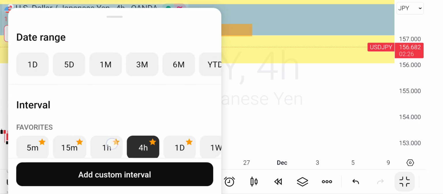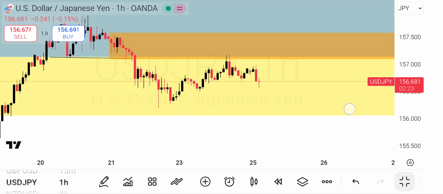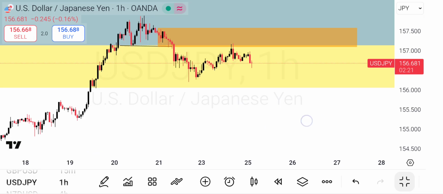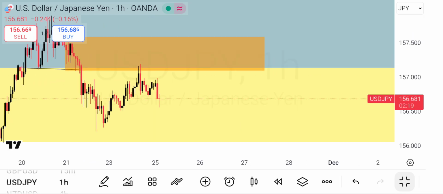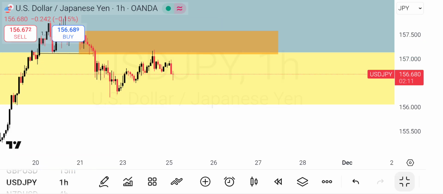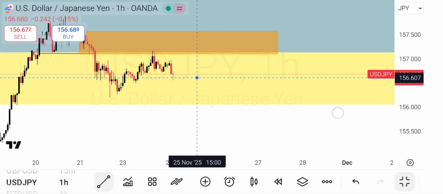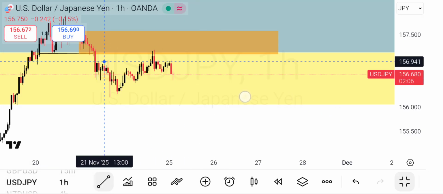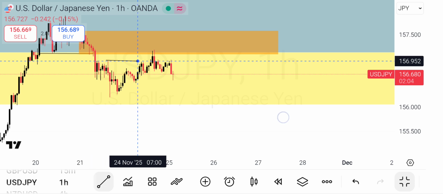So now on the 1 hour time frame, this is what I can see. I can see that the 1 hour time frame was also bearish here. Then now it became bullish, just to tap into that supply.